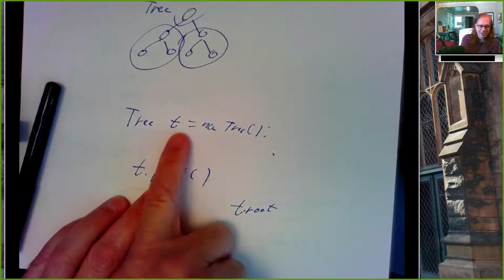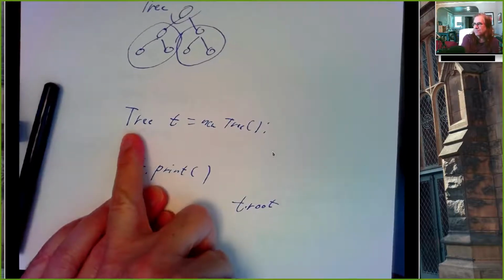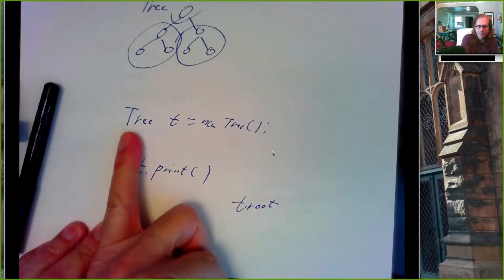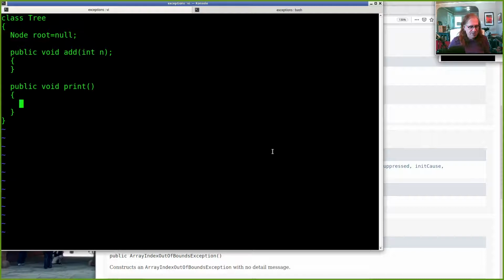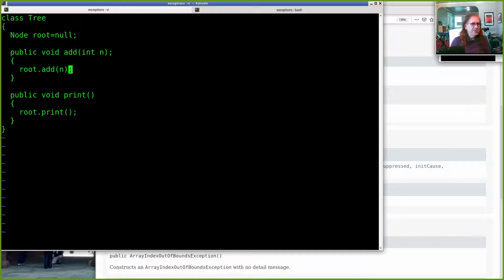But in this case, our handle is going to be a tree. So we're going to do something a little different here. We're going to make this basically just a wrapper that says call the root's print method. And we're going to make this thing a wrapper which says call the root's add method. And we're going to define the actual print and add methods inside the node class.